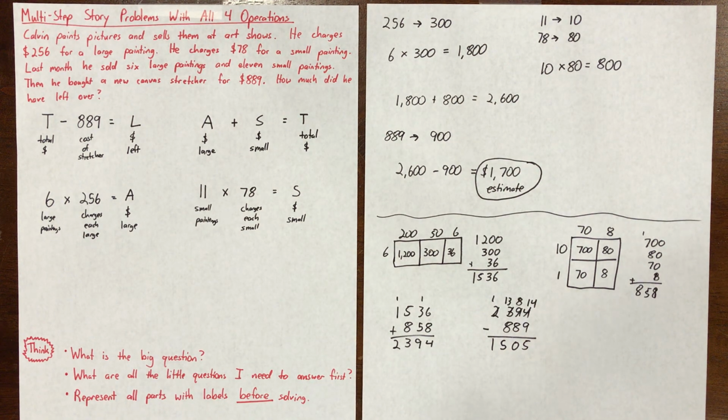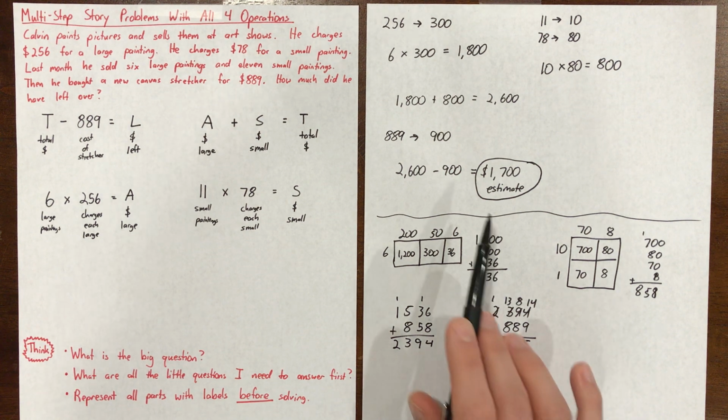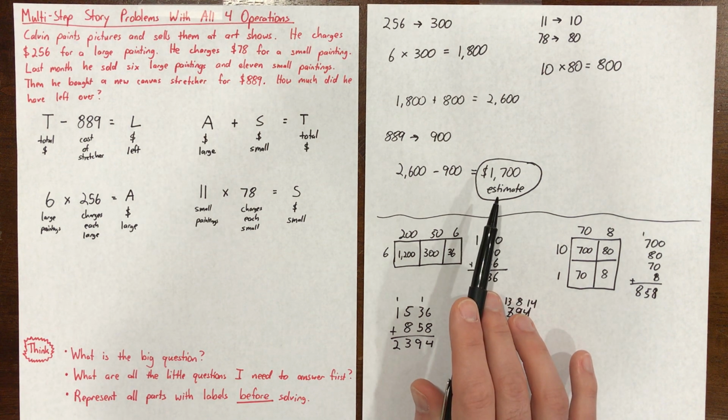So we get 1,505. Is that a reasonable answer? How do you know? Say it out loud. Yeah, given the size of the numbers that we're working with in this problem and the number of operations that we had to do, 1,505 is pretty close to 1,700.